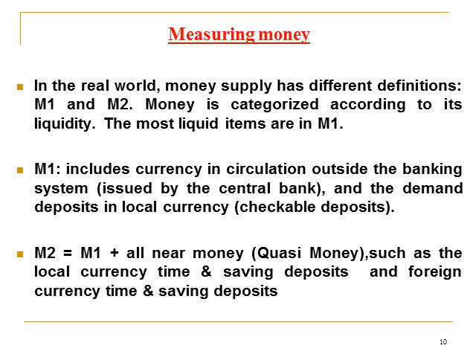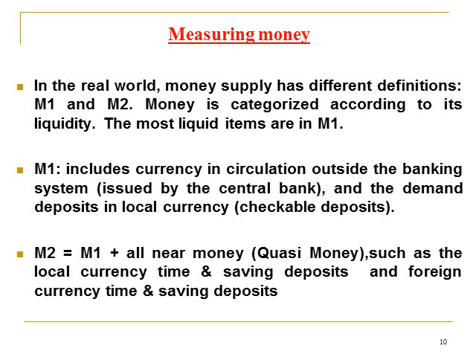Now we move to slide number 10. Measuring money. How to measure money? In the real world, money supply has different definitions, M1 and M2. These are abbreviations from the economists.